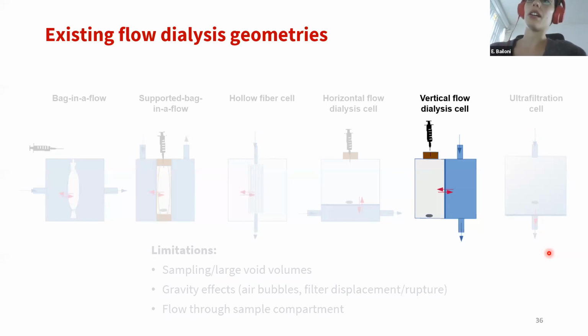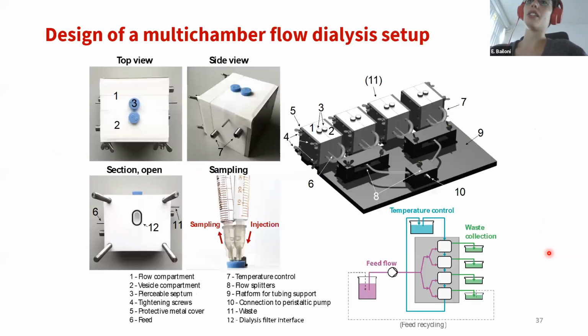And we elaborated on this and we tailored it to our particular needs. So after a very long optimization procedure, we came up with a modular system that is composed of one single chamber that can be then placed in an array of more chambers to increase the throughput.